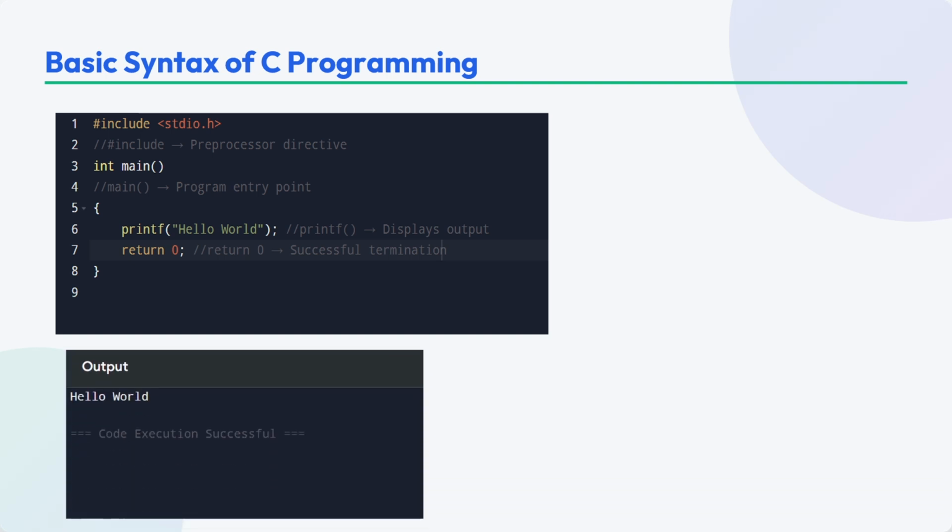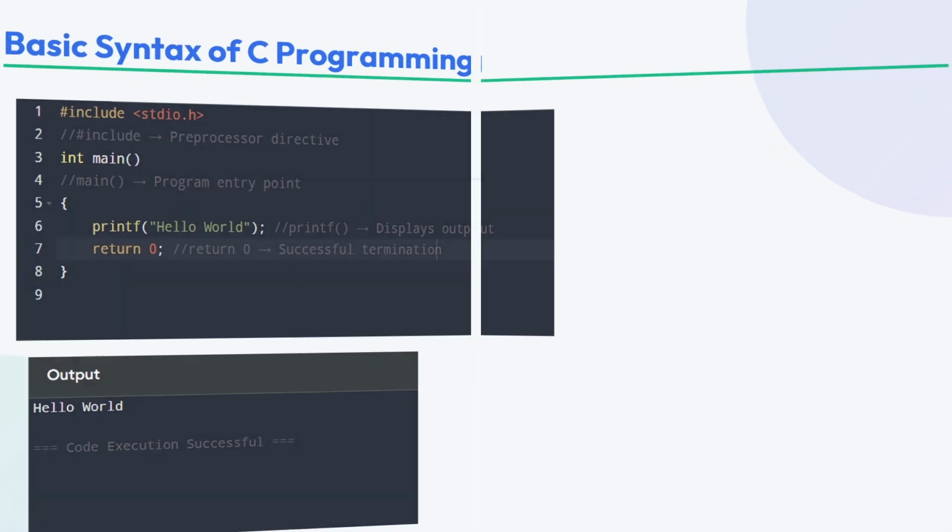We will briefly discuss every keyword used here, like include stdio, main, printf, return 0, and brackets, curly brackets, semicolon, everything. So let's move on to the next slide.